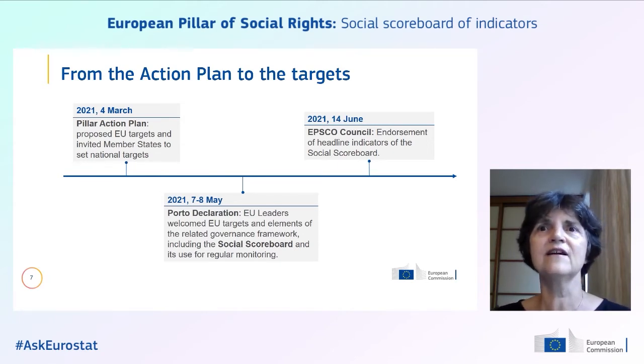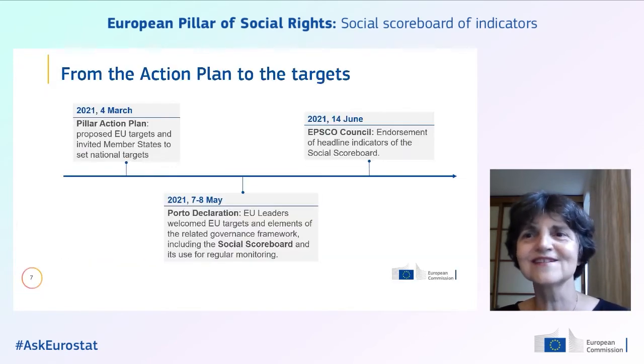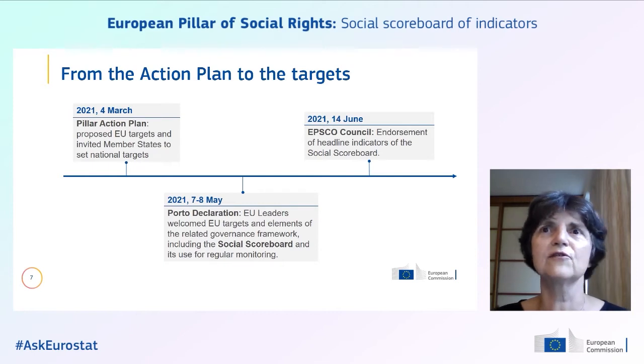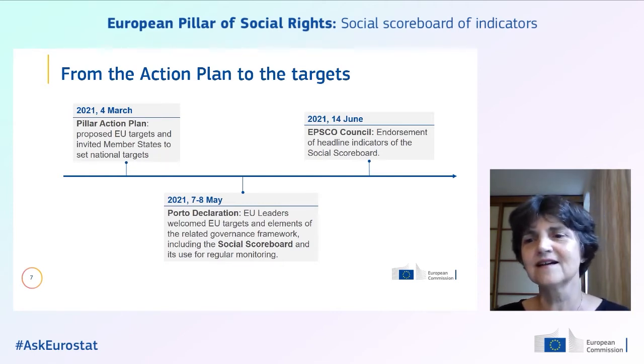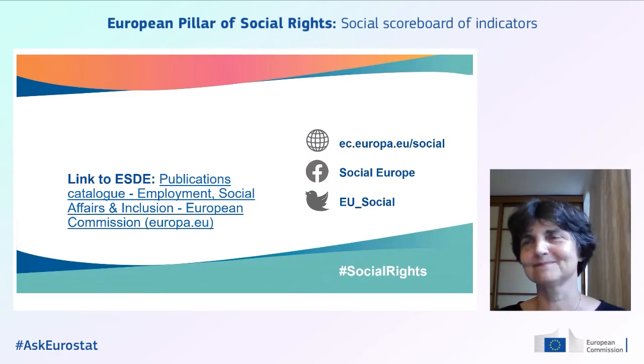So we now can use all these tools, and it will be extremely important also in our European semester work. And we believe that with this update, we are making a further step towards a stronger social Europe. Thank you very much.